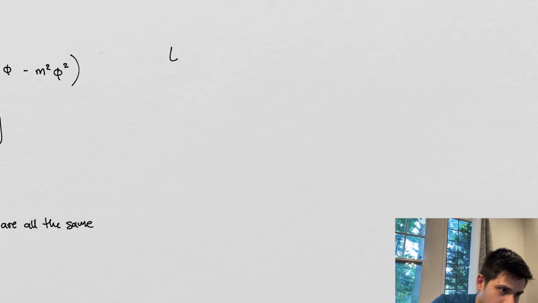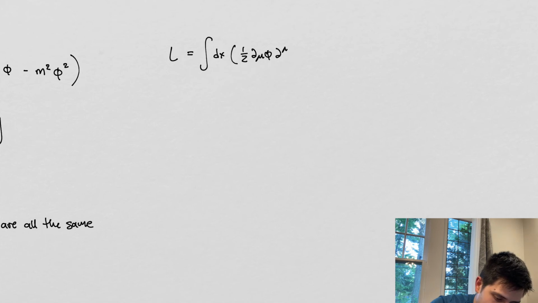For our Lagrangian, I'll just write L, it is now not just this, we have our constants here, but we can add our constants in our fourth order term.